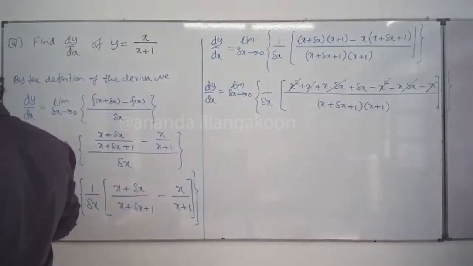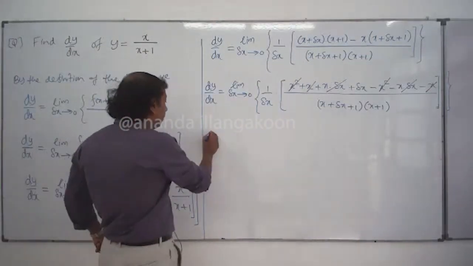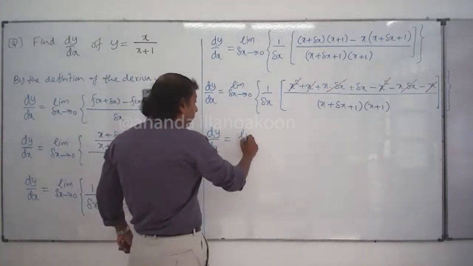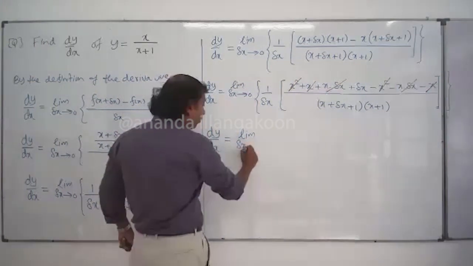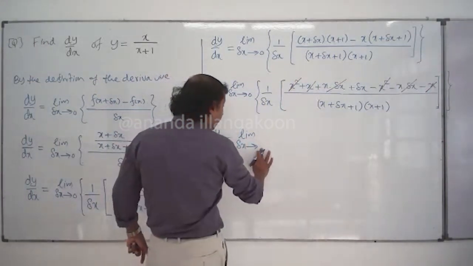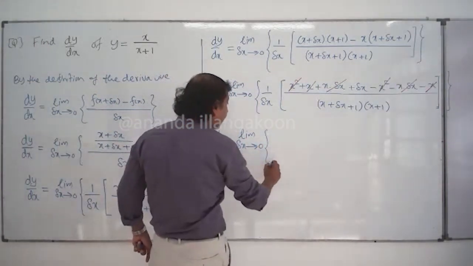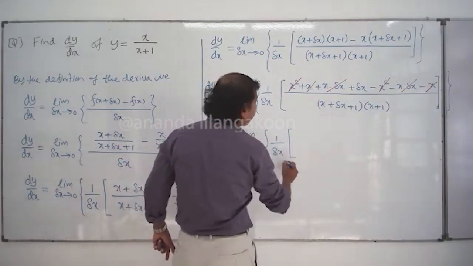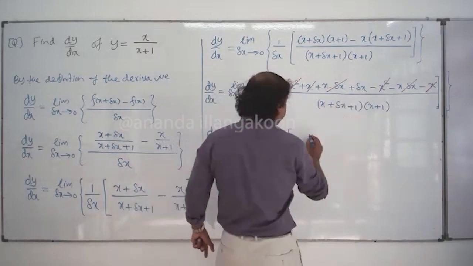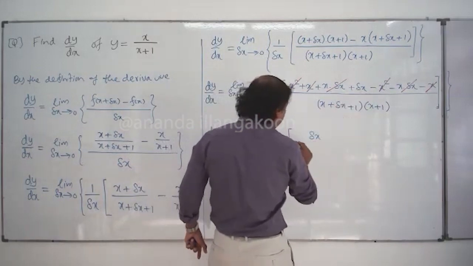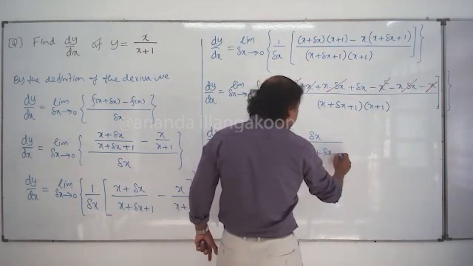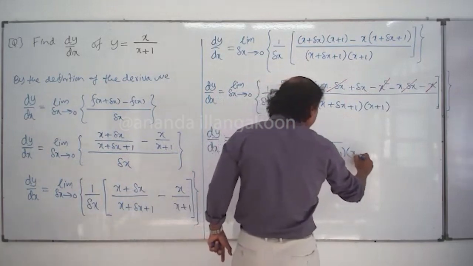Now see what happens. dy by dx, limit delta x going to 0, 1 over delta x. We have delta x here, divided by x plus delta x plus 1, x plus 1.